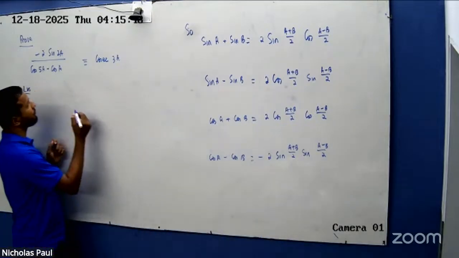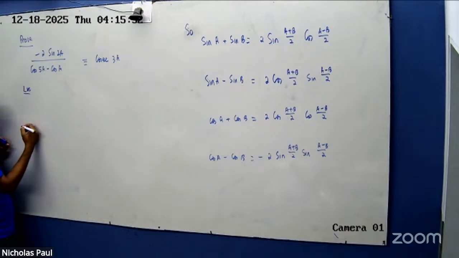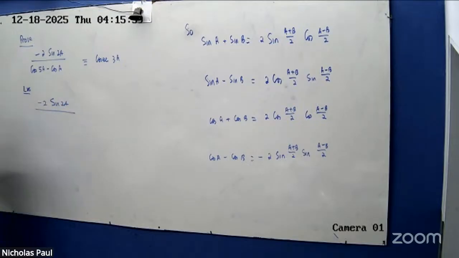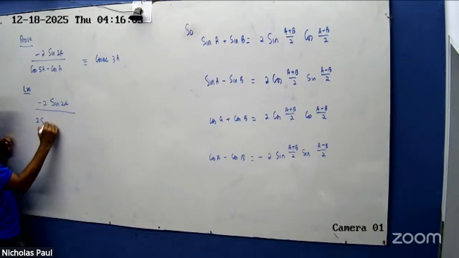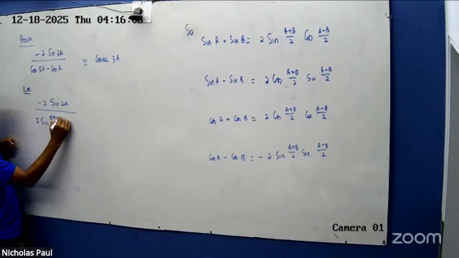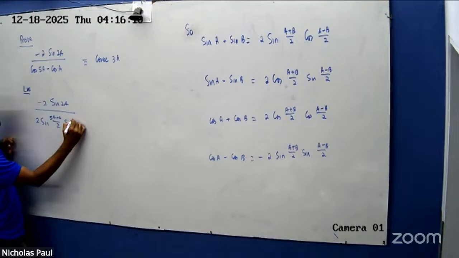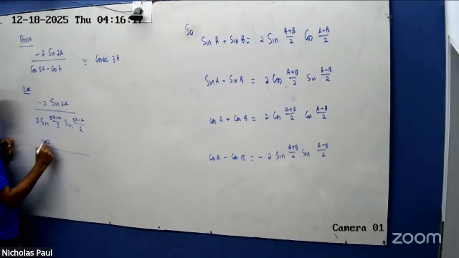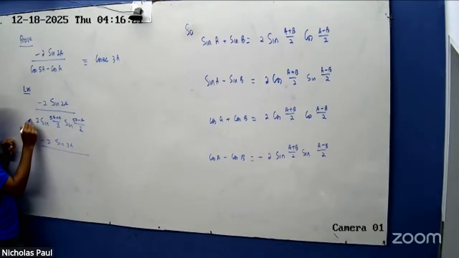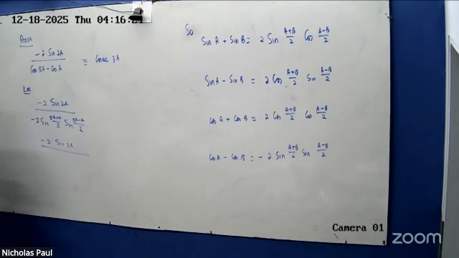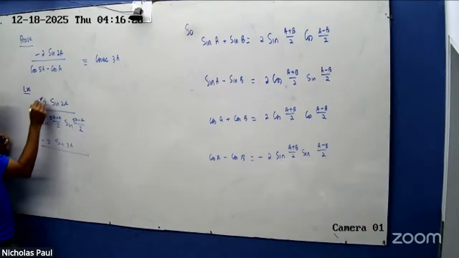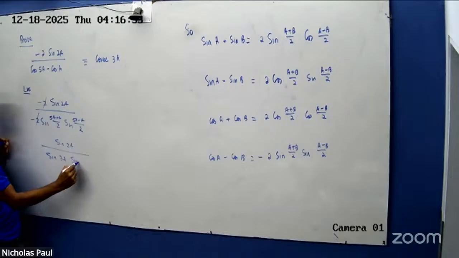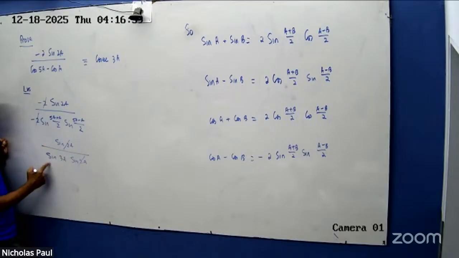Are you all done? What do we end up with here? cos 5A minus cos A. This will cancel, of course, and we'll get sine 3A. 2A will cancel. 1 on sine is what?